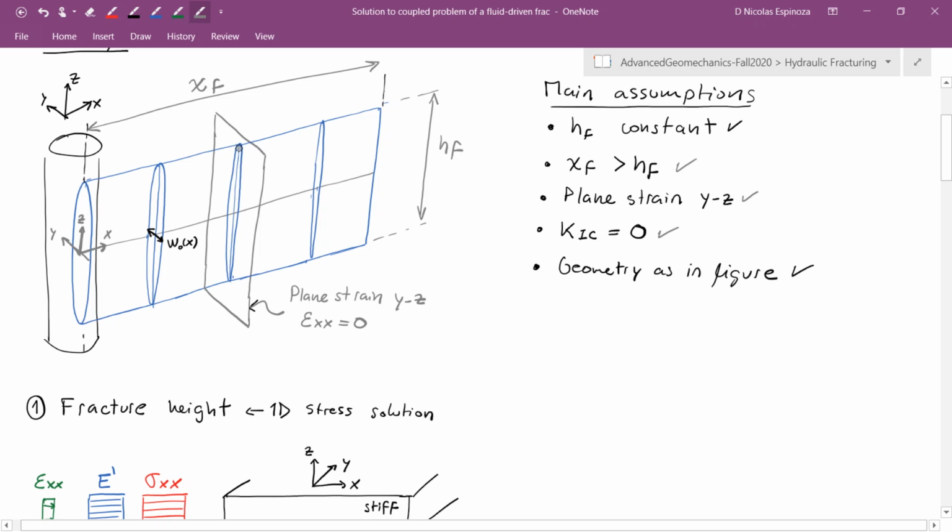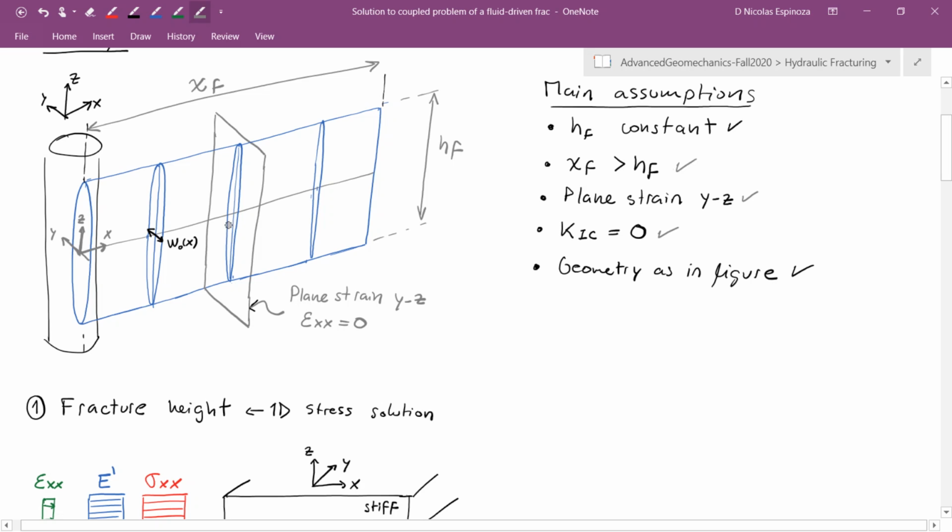That the pressure here is the same as there, and is the same as here, in the same plane YZ. We know that as we move in X, the pressure is going to vary, but at a given X, the pressure is going to be all the same in this plane. And that's how we're going to use the Griffith solution.